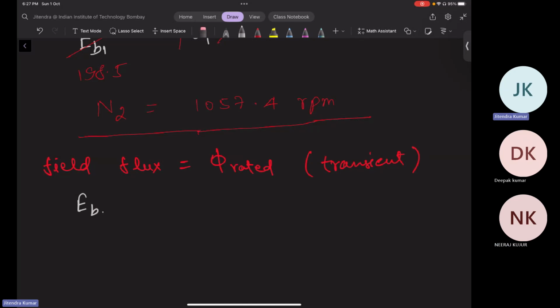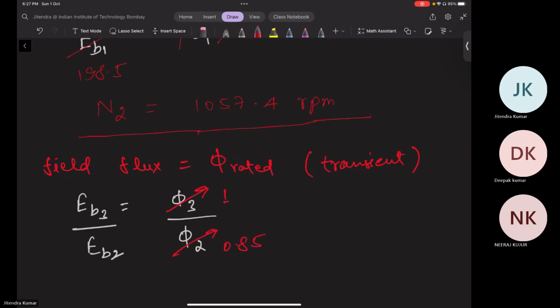So again, EB3 now I will name it. EB3 by EB2 is equal to phi 3 by phi 2, and phi 3 here will be 1, phi 2 will be 0.85.